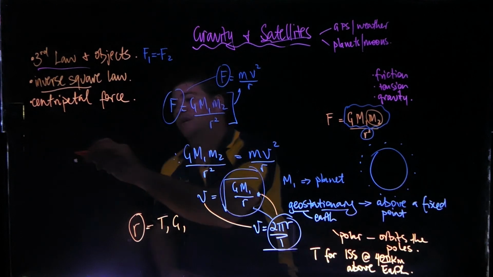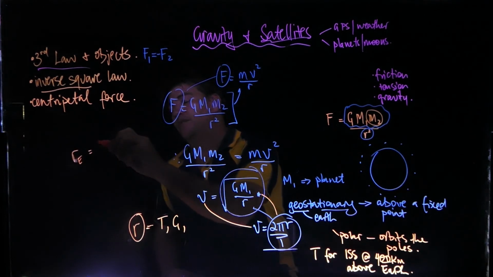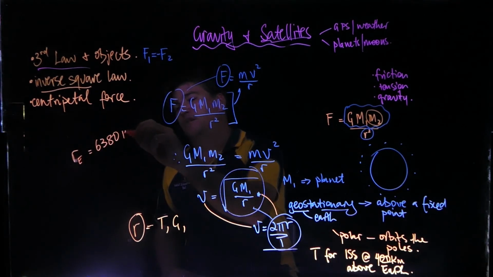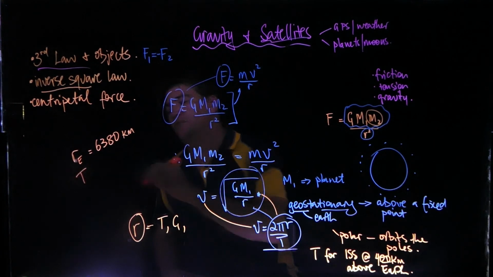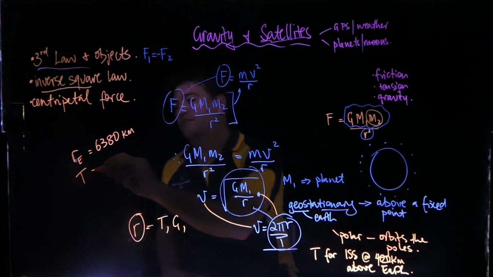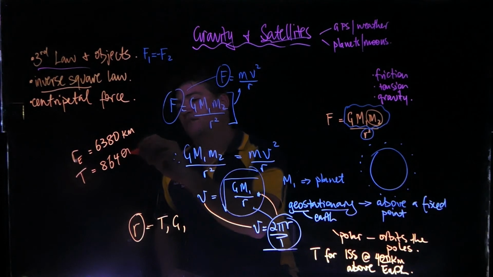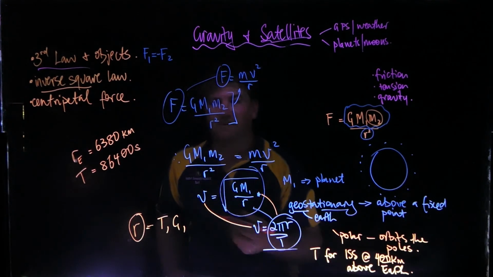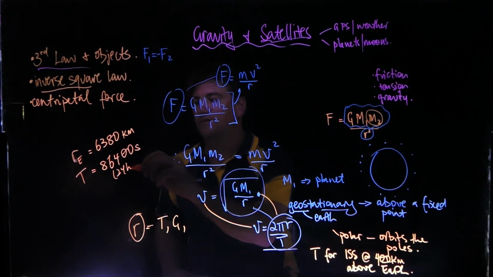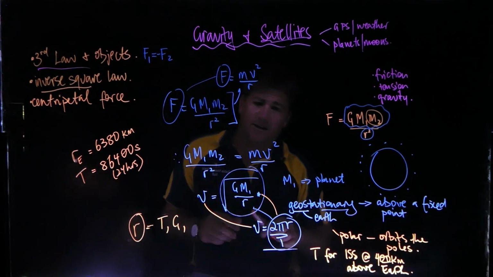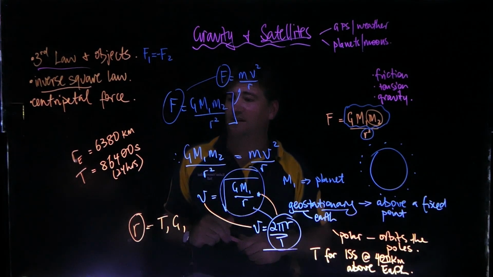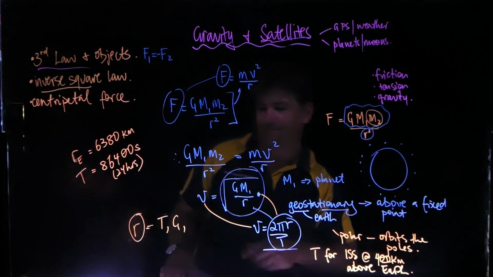Another little hint, radius of the Earth, 6380 km. Orbital period for one of these geostationary satellites, 86,400 seconds. It's a day, so that's 24 hours. Let me know how you get on.